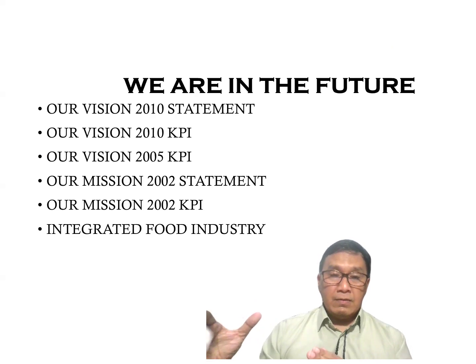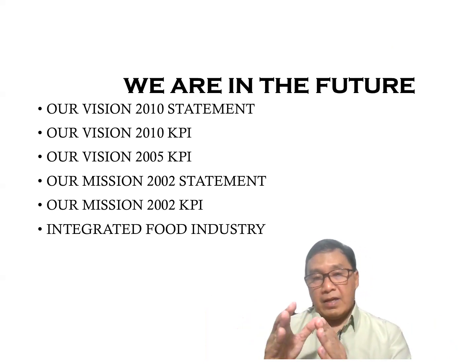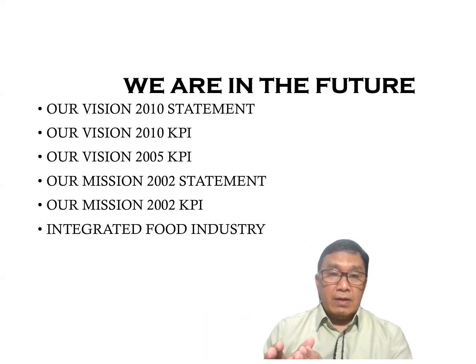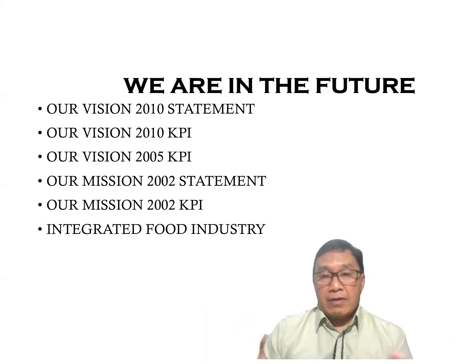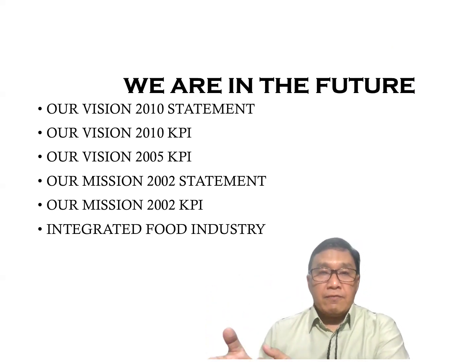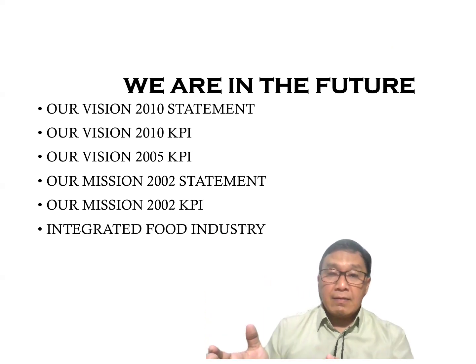So if they achieve the KPIs for 2002, they can claim that, okay, we are on track. If they achieve the KPI of 2005, they can say that, okay, we are on track.